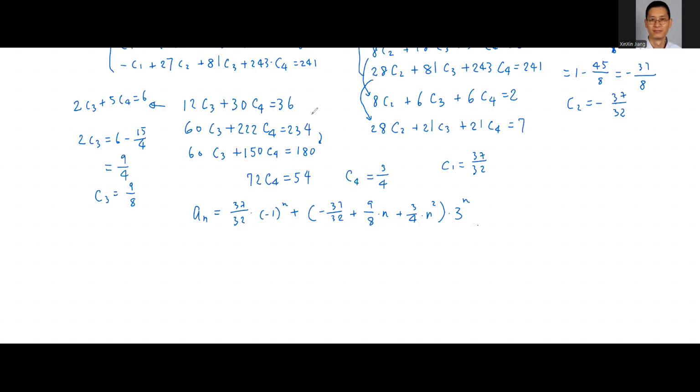Okay, so we have this relation: a sub n equals 2a sub n minus 1 plus 3a sub n minus 2 plus 2 times n times 3 to the n.